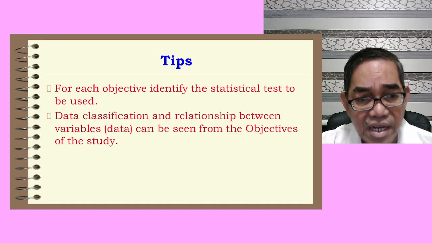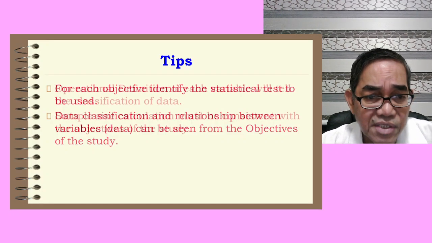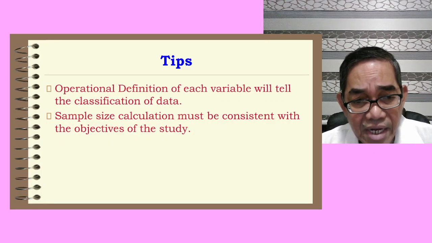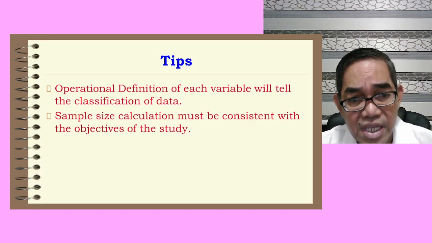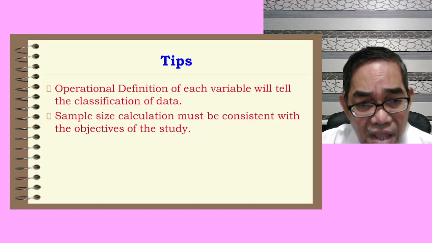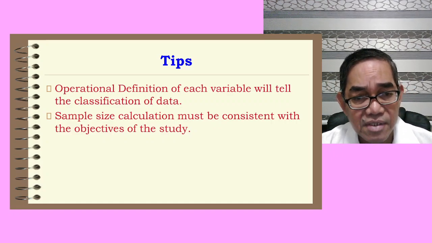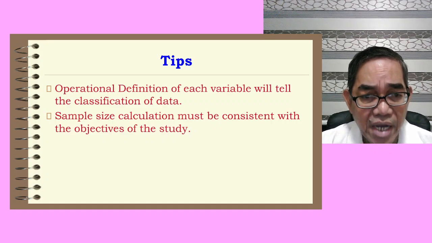So this data classification and this relationship can be seen from the objectives of the study. Then you will be able to know the data classification from the operational definition. So we need to look into the operational definition to be able to know the classification of the variables. And then sample size calculation must be consistent with the objectives of the study.